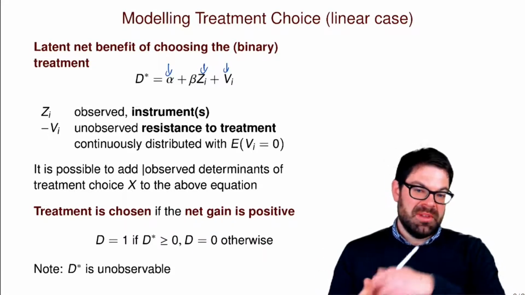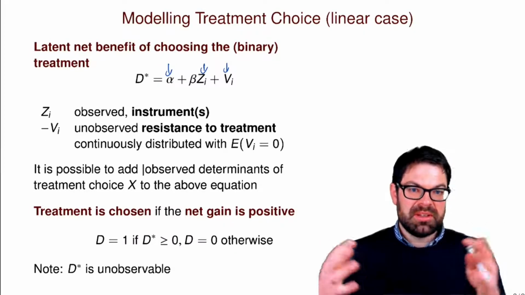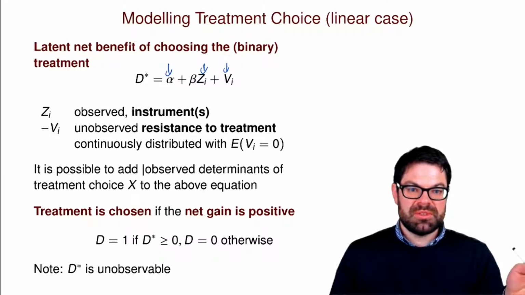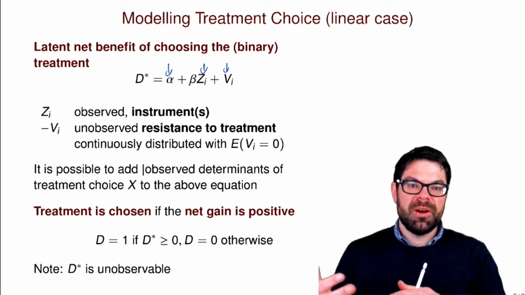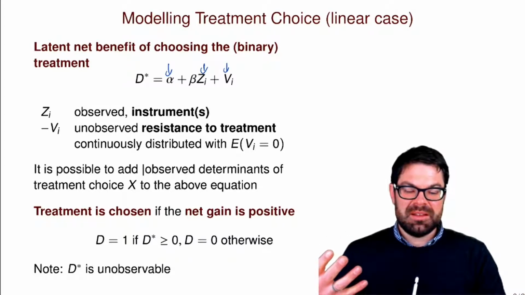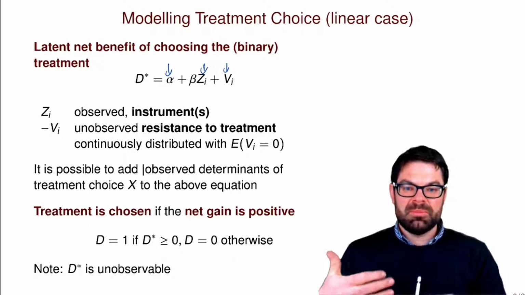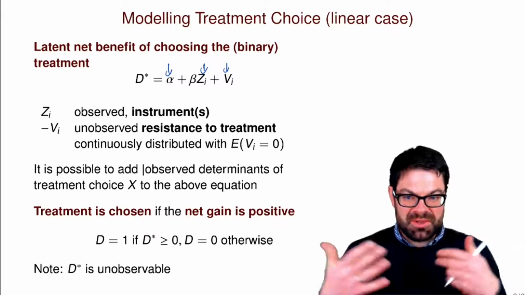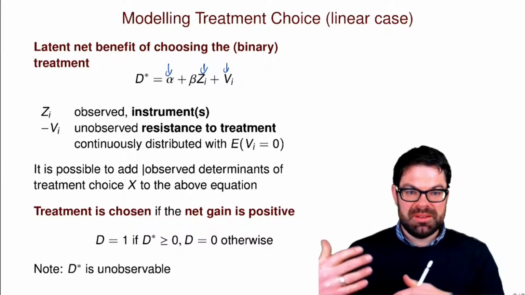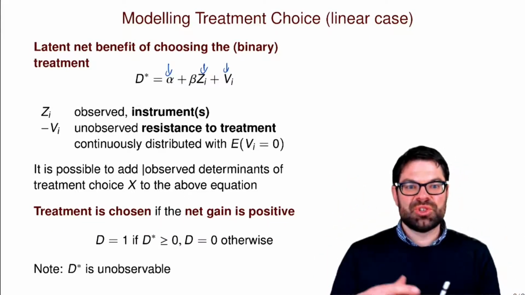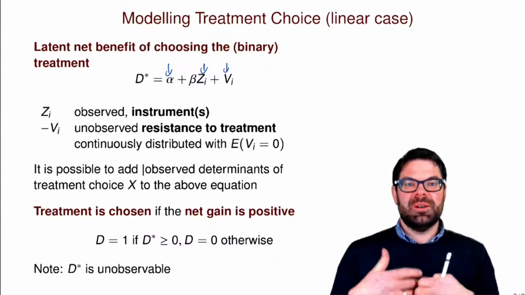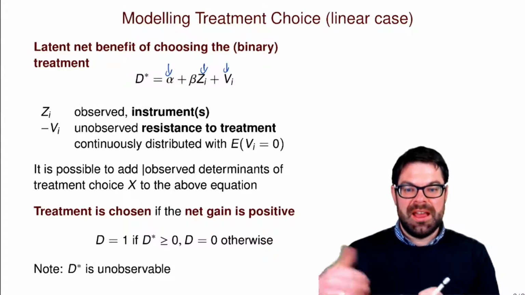And again, that may vary across people in the population. And so some people may have a very low cost of participating in a program, whereas for other people this cost may be very high, either because of their preferences, or because of the social stigma attached to it, or because the opportunity cost of their time is very high, something like that.